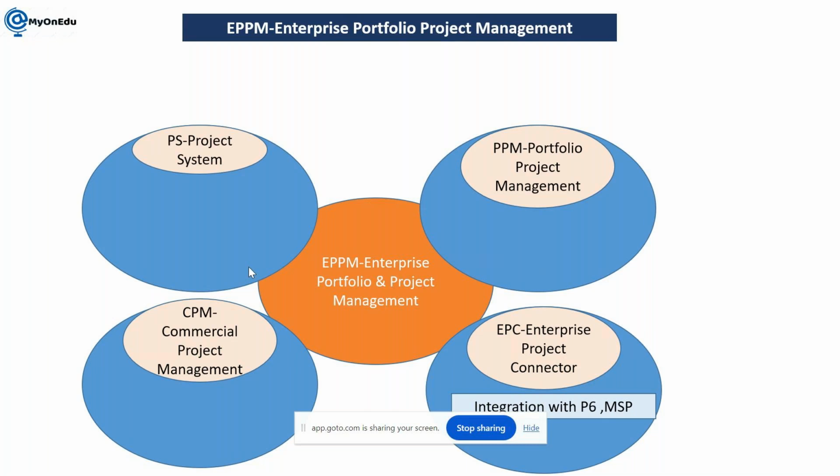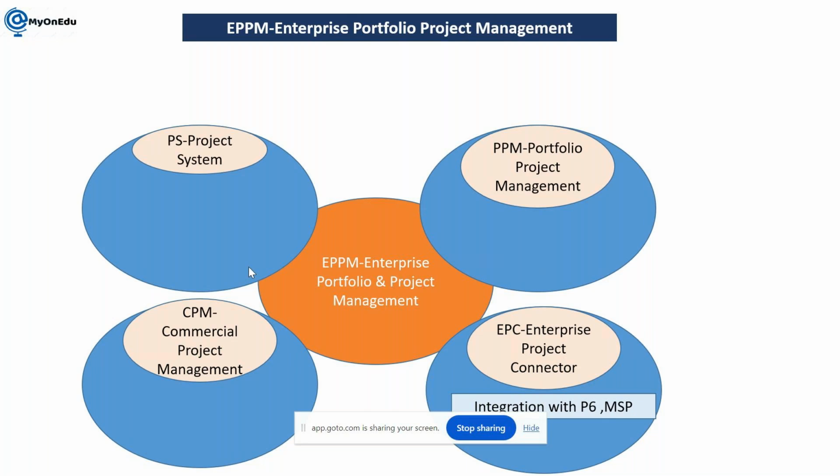So similarly in SAP also, when SAP gave this core module solution, PS was part of the core system itself, and this is integrated with all other modules like your sales and distribution, FICO, finance and controlling, plant maintenance, PM, PP, production planning, okay, and all other modules.